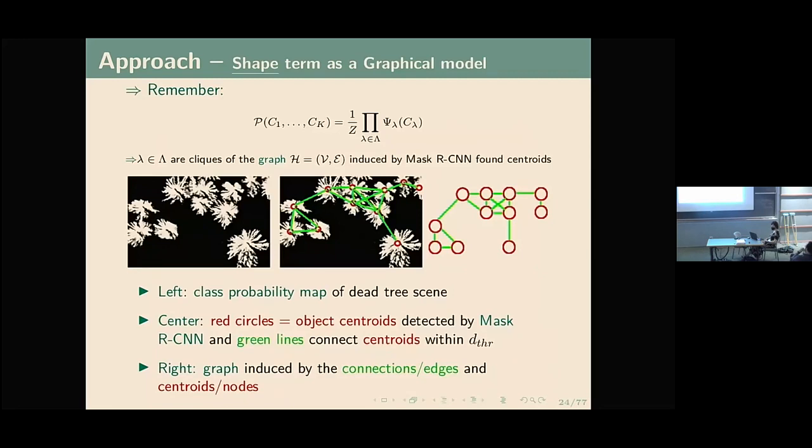This threshold can be derived from the maximum expected diameter of the tree crown. Above a certain distance, we know that the trees cannot feasibly intersect. This way we can promote sparsity of the graphical model and reduce computation time. On the rightmost figure, we see the dependency graph H induced by the Mask RCNN segmentation for this scene, just without the forest scene behind it.